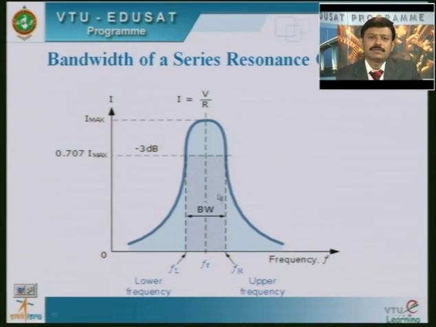Here you can observe FL is lesser than resonant frequency, FH is greater than resonant frequency. If frequency is less than resonant frequency, the circuit is capacitive in nature. That means XL is smaller than XC, omega L is smaller than 1 by omega C. Obviously, VL, voltage across inductance, is less than voltage across capacitance.